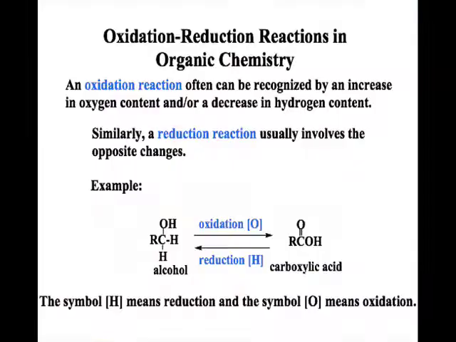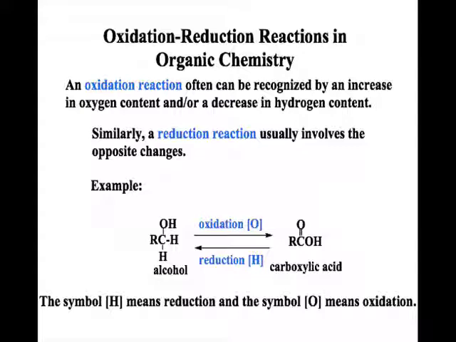actually quite different, okay? Now, in a generic oxidation and reduction reaction, you'll find people using either O in brackets or H in brackets. That O in brackets generically means oxidation. You don't know what the reagent is, you just know that you need to do an oxidation on this alcohol to get to this carboxylic acid.